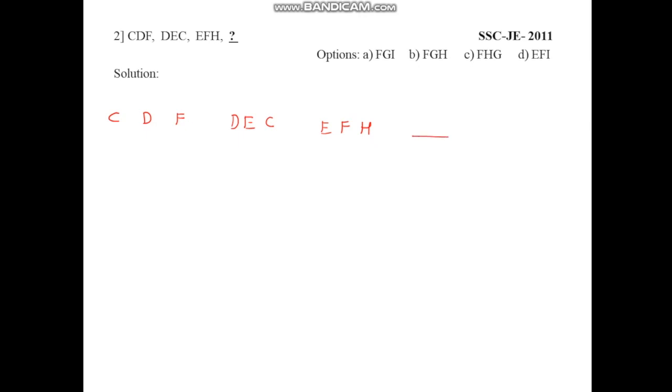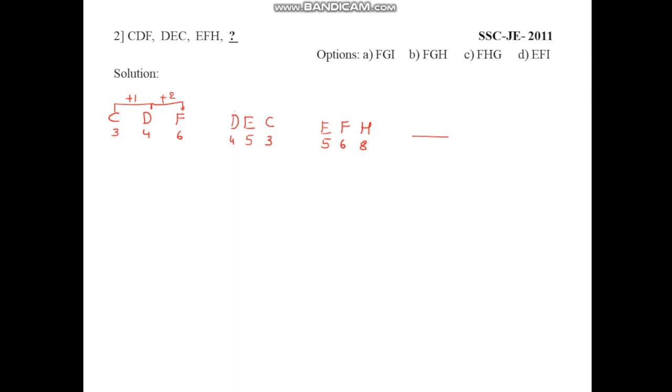C to D is plus 1, D to F is plus 2. C is 3, D is 4, F is 6. Again D is 4, E is 5, C is 3, and E is 5, F is 6, H is 8.